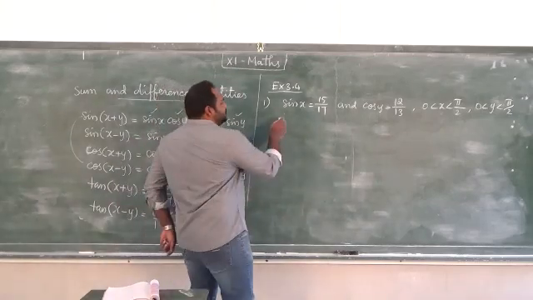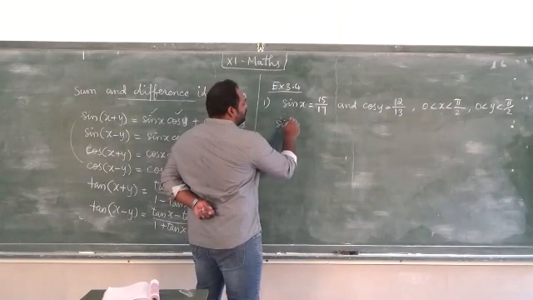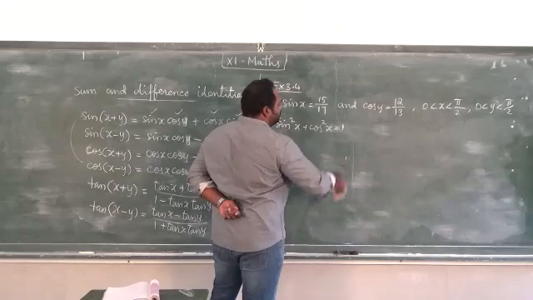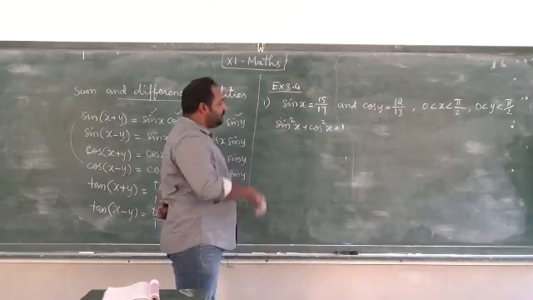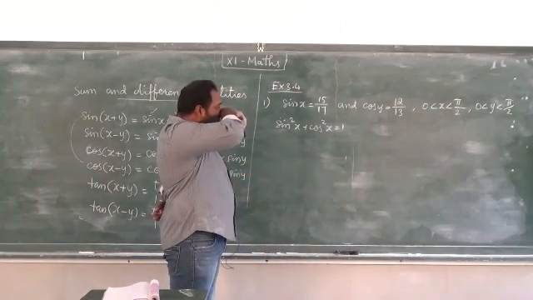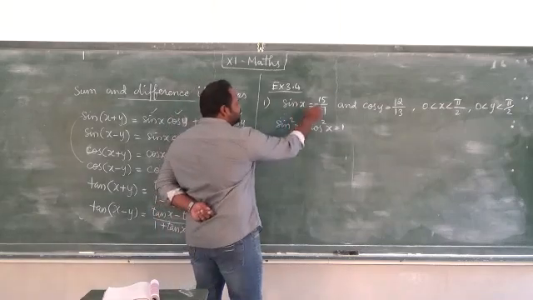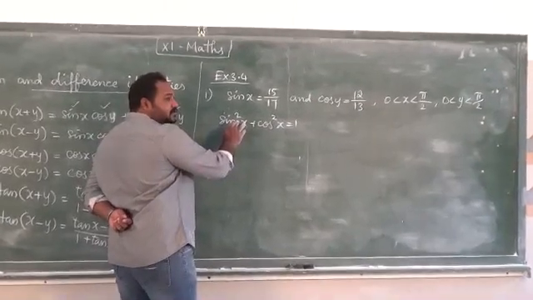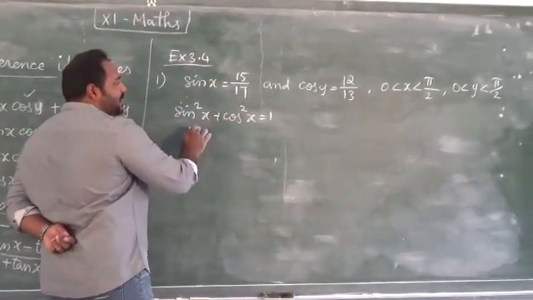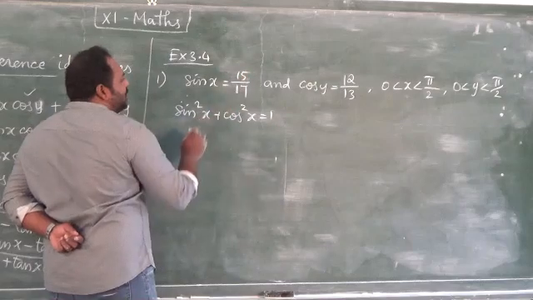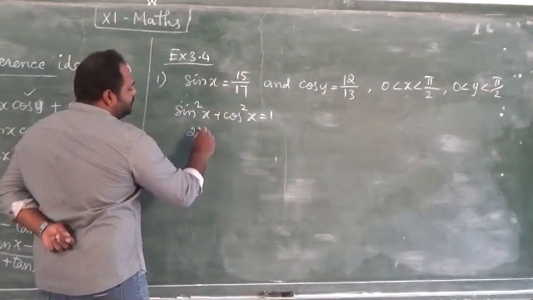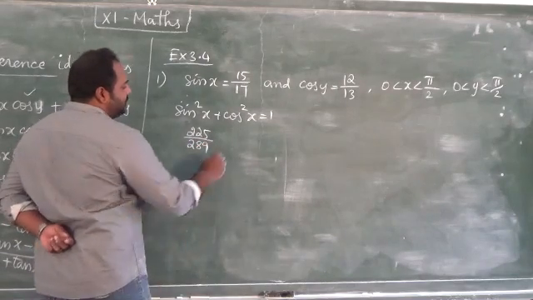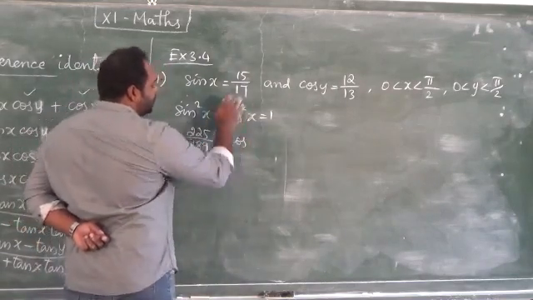Okay, now sin square x plus cos square x equal to 1. Using this formula, I am going to find the cos x value. The sin value is given, we know that sin x is 15 by 17. Here we have to square 15 by 17 and apply it. If you square 15, it is 225, and 17 square is 289.